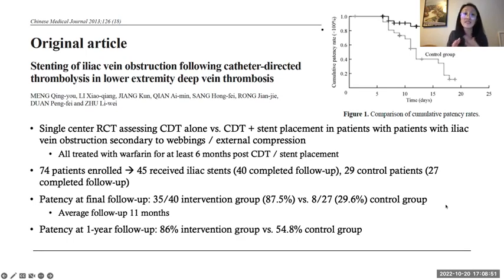So a very, very significant difference. You can see that in this cumulative patency rate curve here. At 1 year, it was 86% versus 55%. So you can see significant ongoing drop off and increasing risk of recurrence with time in the control group compared to the stent group.